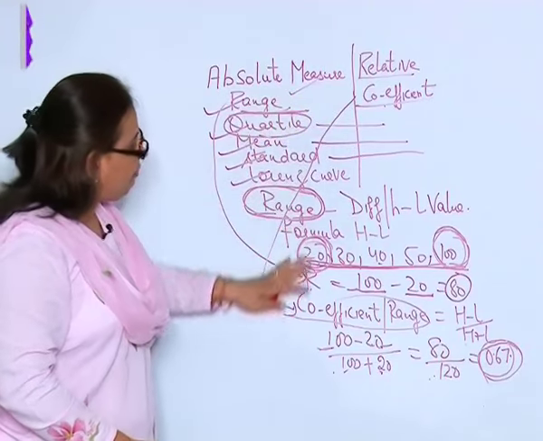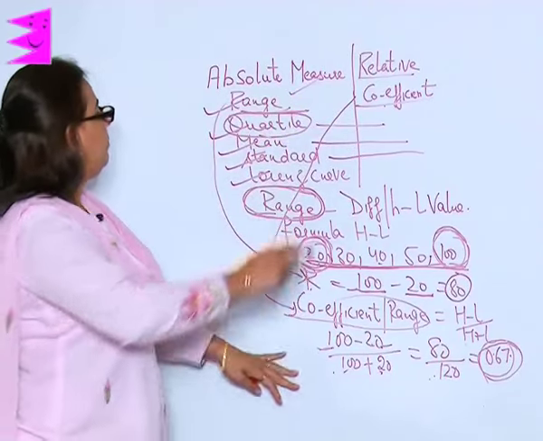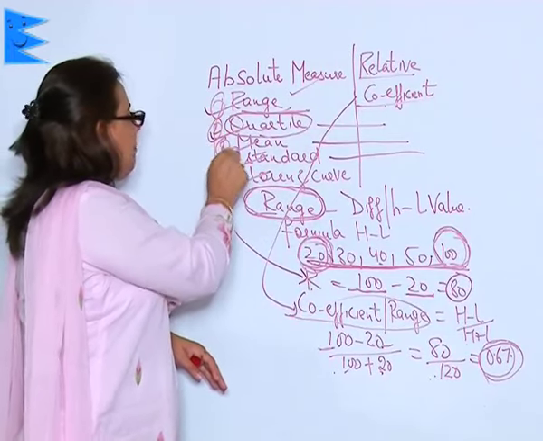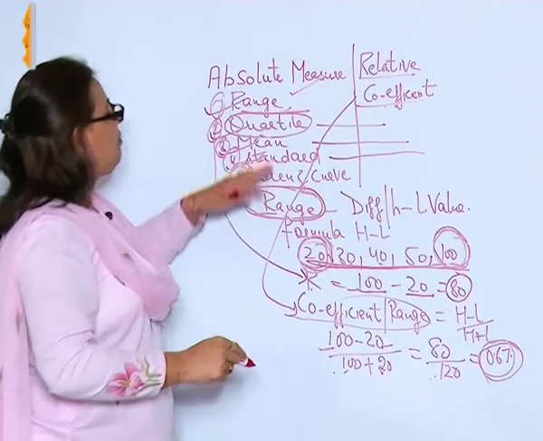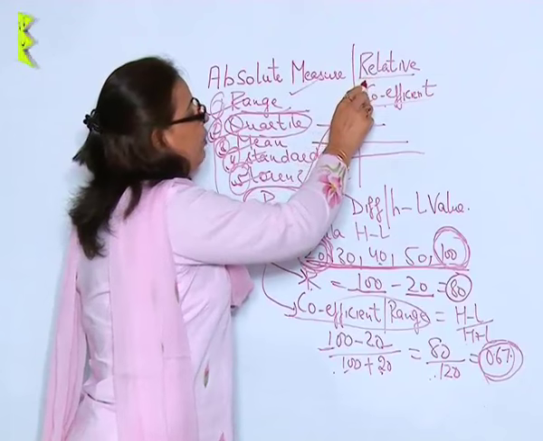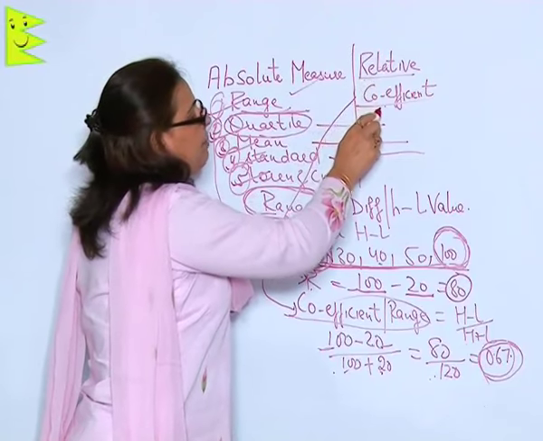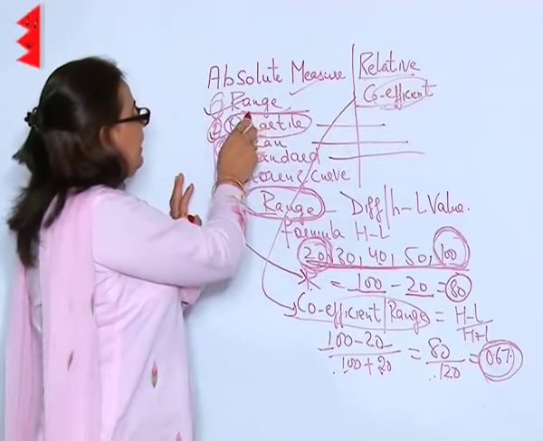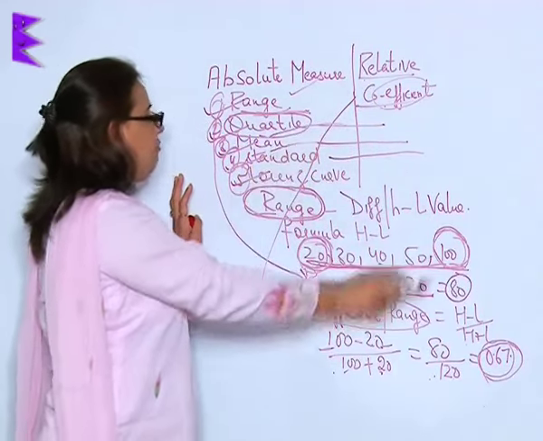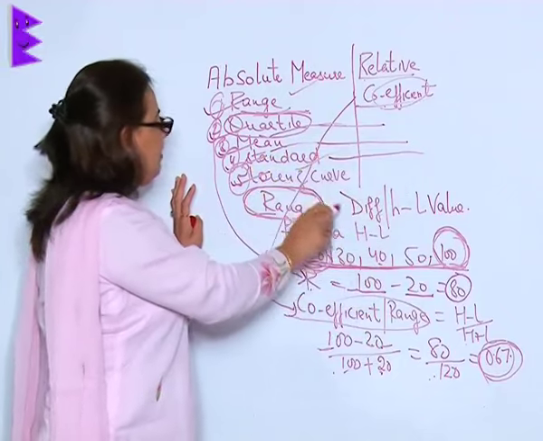So in this clipping we have learnt that there are 5 methods of absolute measures of dispersion, and when we find these in relative terms, they become coefficients: coefficient of range, coefficient of quartile deviation, coefficient of mean deviation and coefficient of standard deviation.